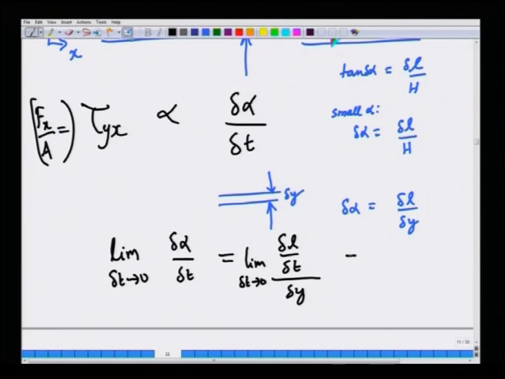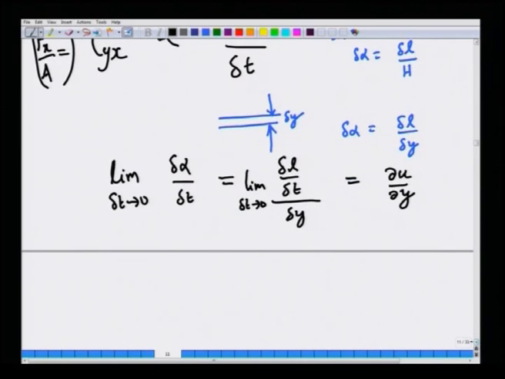As delta t goes to 0, delta L by delta t is nothing but the velocity, delta L is delta u delta t. So, this is the velocity divided by the differential distance delta y.